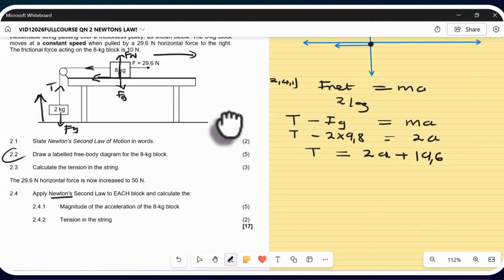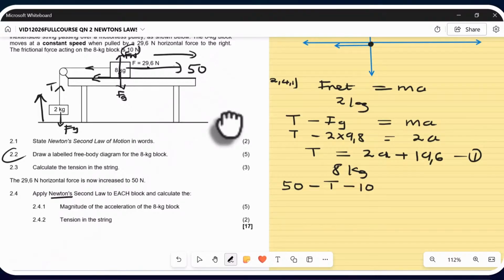Then on the 8 kilogram block, the force is now 50. It is no longer 29,6, but 50. So we're going to say 50 minus the tension, minus the frictional force, which, because we did not change the mass of the block, is really 10, so minus 10, equals Ma.